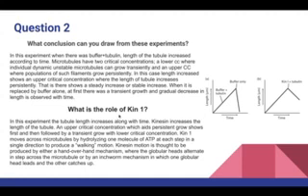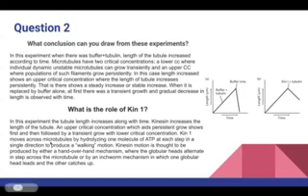What is the role of kin 1? We're able to see it on graph B. In this experiment, the tubule length increased along with time, as seen here. Kinesin increased the length of the tubule in upper critical concentration, which aids persistent growth, shown first and then followed by a transient growth with lower critical concentration.